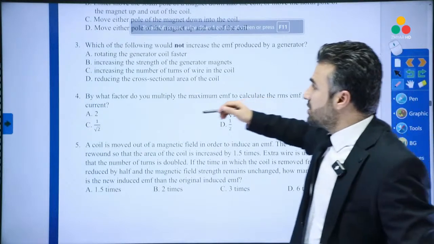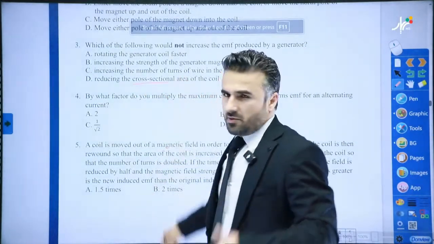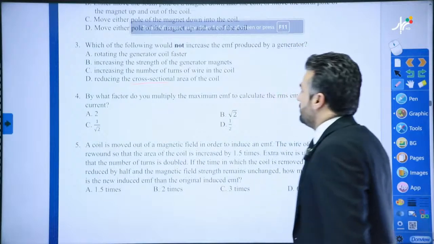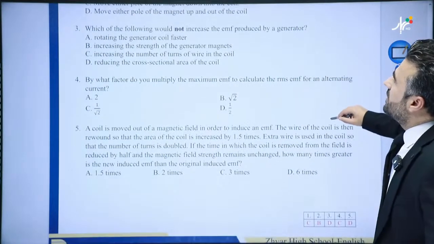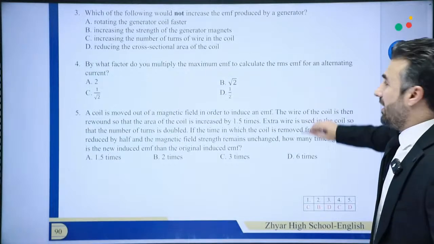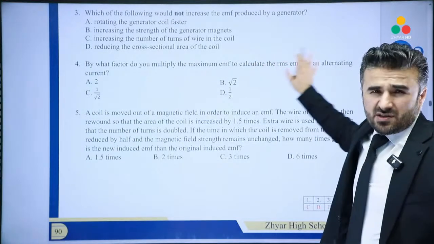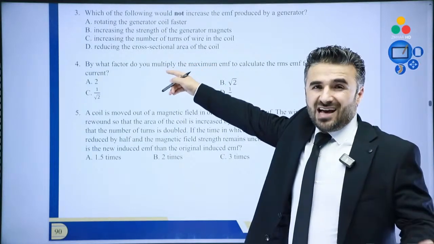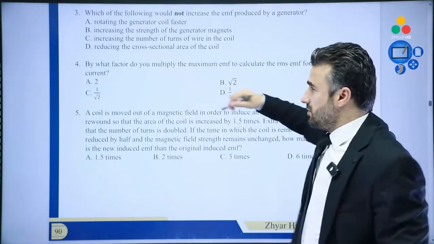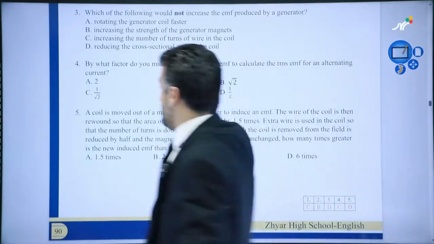Just remember that reducing the cross-sectional area will not increase the electromotive force produced by a generator. Then that will be it. We can use the same equation as the one I have done. If you reduce that, the electromotive force induced will be less, based on the equation that I use as well.